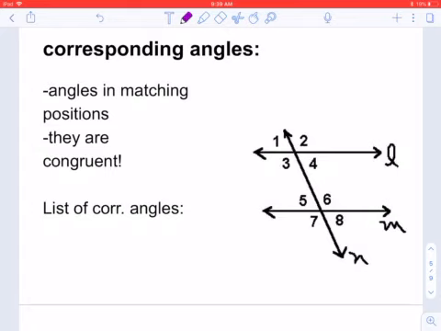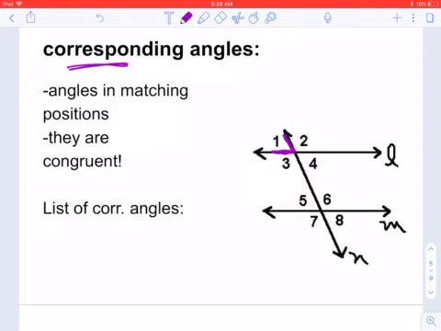Okay, we do have one more type of angle pair to look at, and that is corresponding angles. This is the last angle pair we're going to absolutely need in order to be able to find missing angles in these cases. So the corresponding angles are angles in matching positions, and their measures are congruent. So for example, if we take angle 1 right here, we notice this is at the top left of these four angles, 1, 2, 3, and 4.